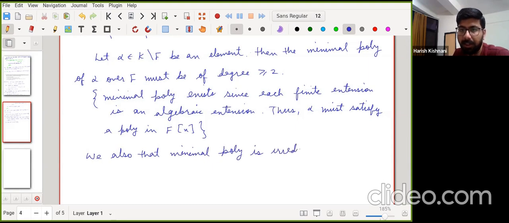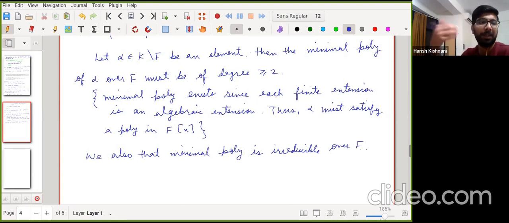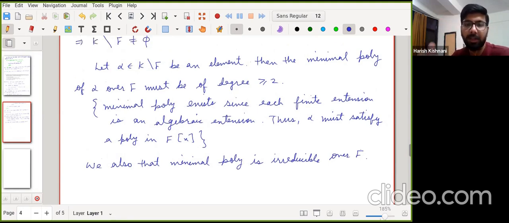Because if it is reducible, then you will get a polynomial of smaller degree which is satisfied by alpha, and that will contradict the minimality of the minimal polynomial, right? So it has to be irreducible. The minimal polynomial is irreducible over the smaller field, right? In the upper field, definitely it will be reducible because alpha is a root and the factor x minus alpha will be there, but it should be irreducible over the base field, the smaller field.